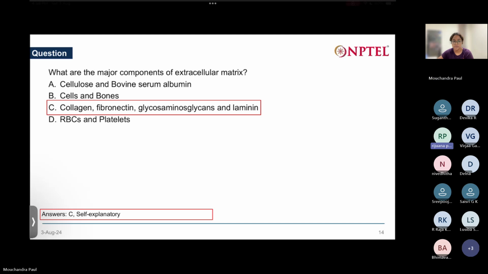This is the previous slide. Okay, fine. Do you have a doubt here? No, ma'am, no doubt. All right, so can I move to the next question? Yes, ma'am, sure. Okay.